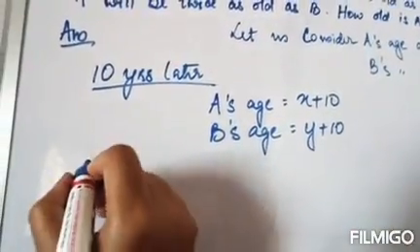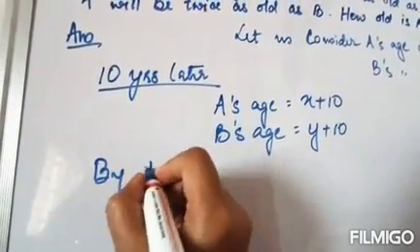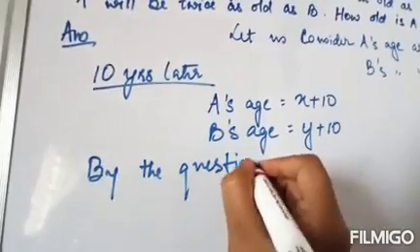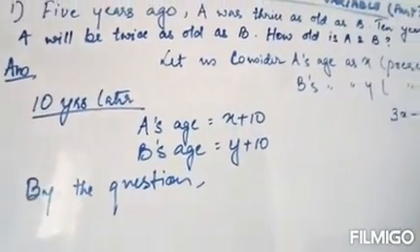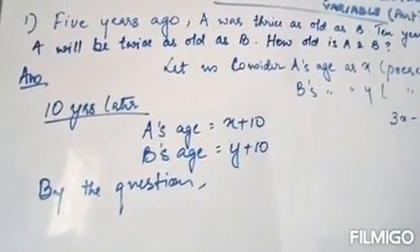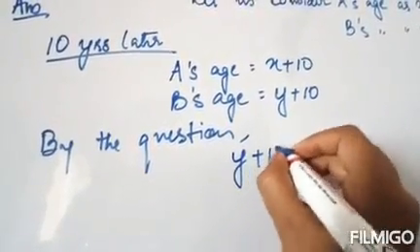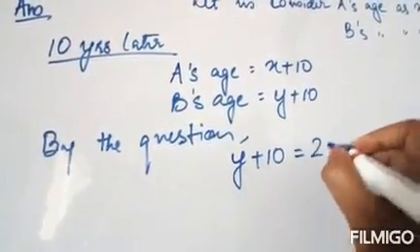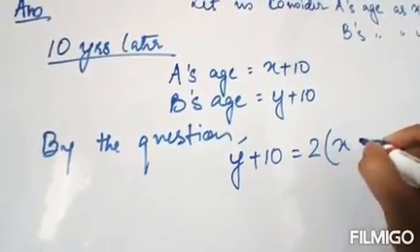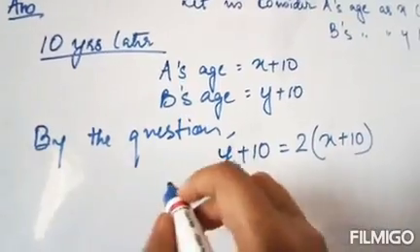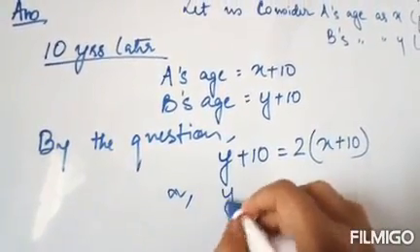And by the question, what information is given? That A will be twice as old as B. If B's age is Y plus 10, A will be twice of B's age. Correct?